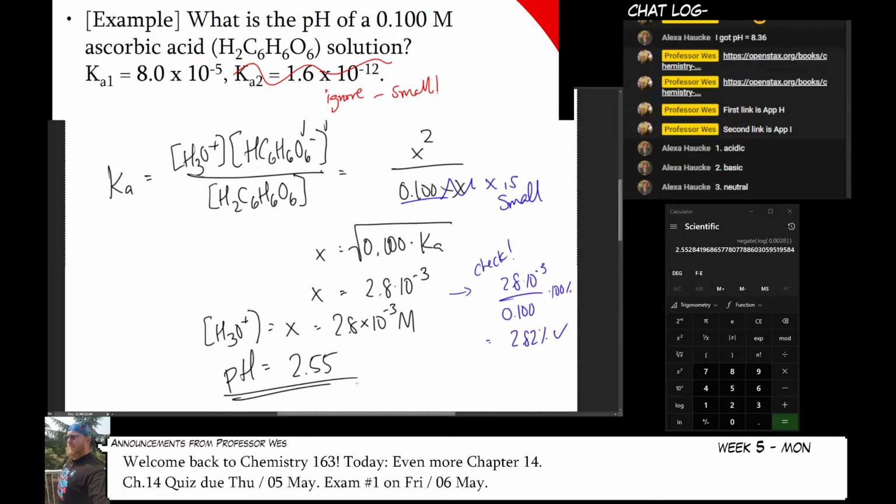There you go. So that would be the pH of this polyprotic acid, despite the fact that Ka2 contributes something. Now, if I actually did calculate how much H plus came from the second dissociation, we could add it to this number.